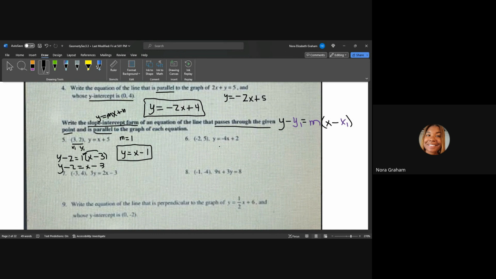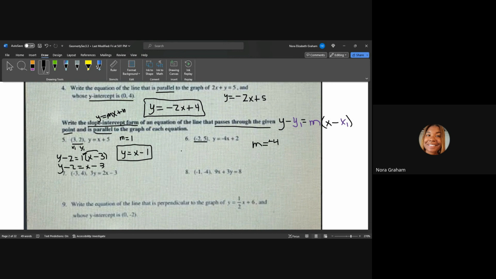Now let's do 6. For this one, again, we're going to go back to that formula, identify my slope. My slope here is -4. Oops, m equals -4. And then my point that I'm going to use is here.